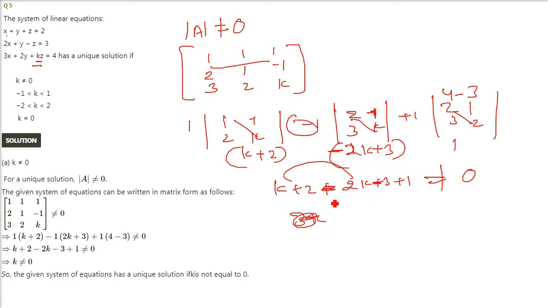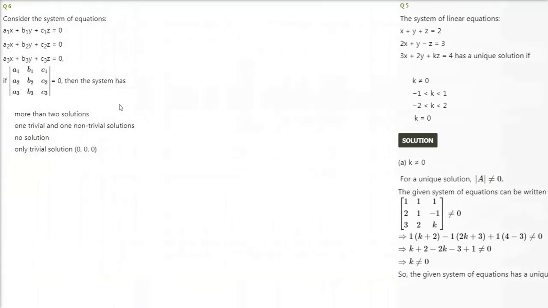So you get this is k, and k minus 2k is minus k, and 3 minus 3 is 0, so you can just cancel. Minus k is not equal to 0. So k is not equal to 0. That is your answer. K should not be equal to 0.